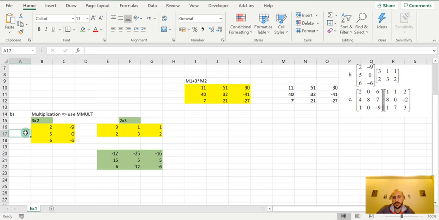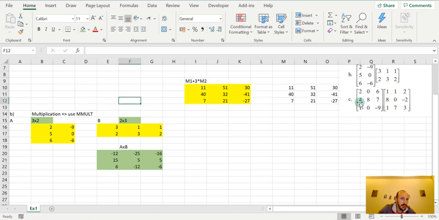So if this matrix is A and this one is B, let's say, here we have A times B. So this is the multiplication for these two matrices, A times B.